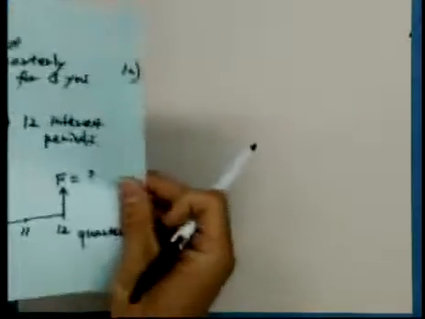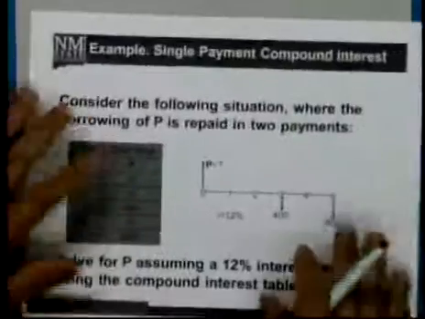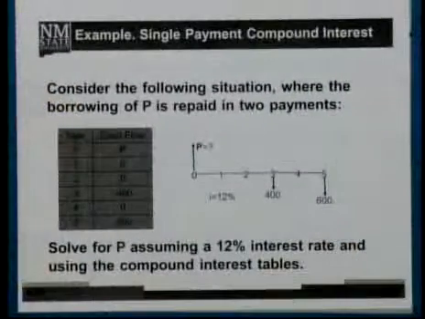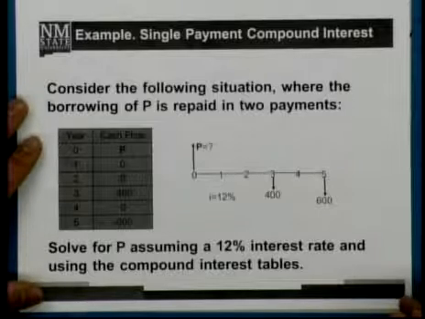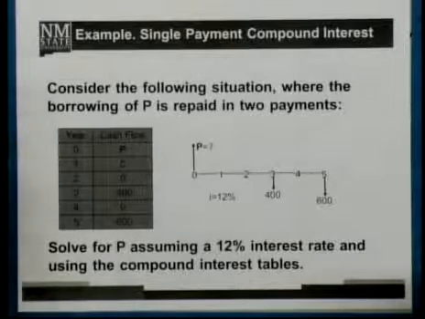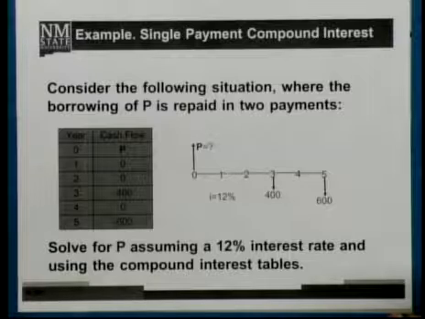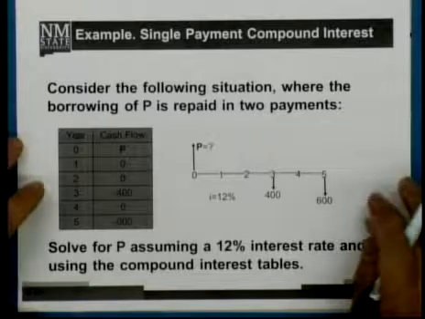So example 3-7 is the advanced problem, right? Okay, then here's another example. So consider the following situation where the borrowing of P is repaid in 2 payments.